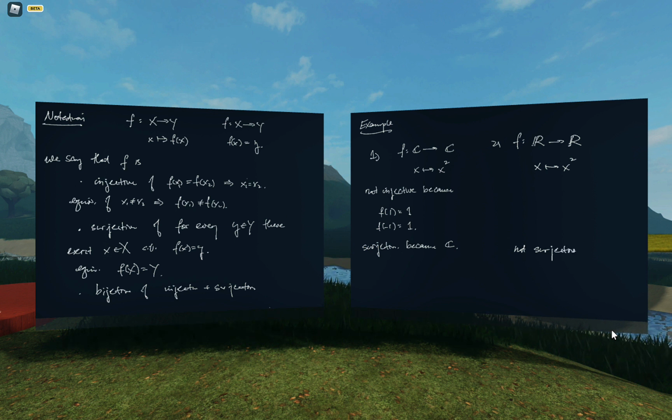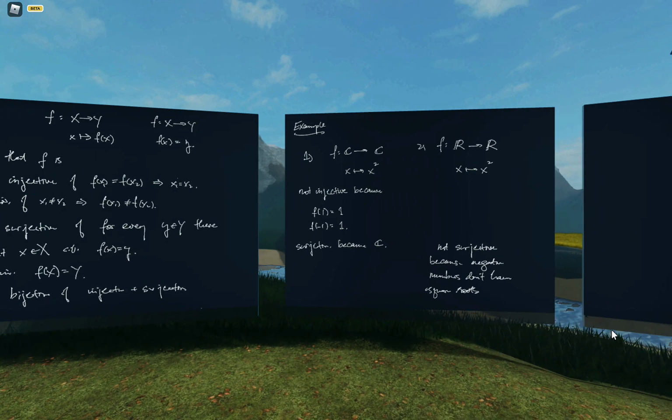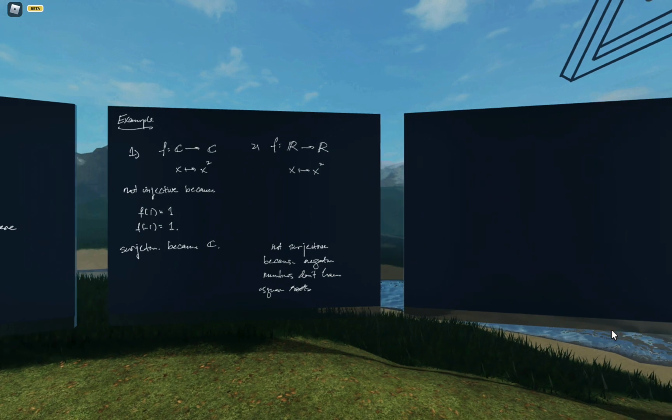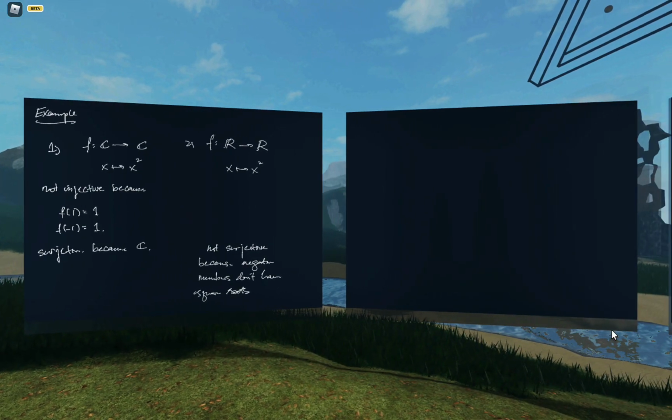You can't take square roots of negative numbers because negative numbers don't have square roots. Very good. So I used up a lot of board space, but this is great. I'm going to go to the next one.